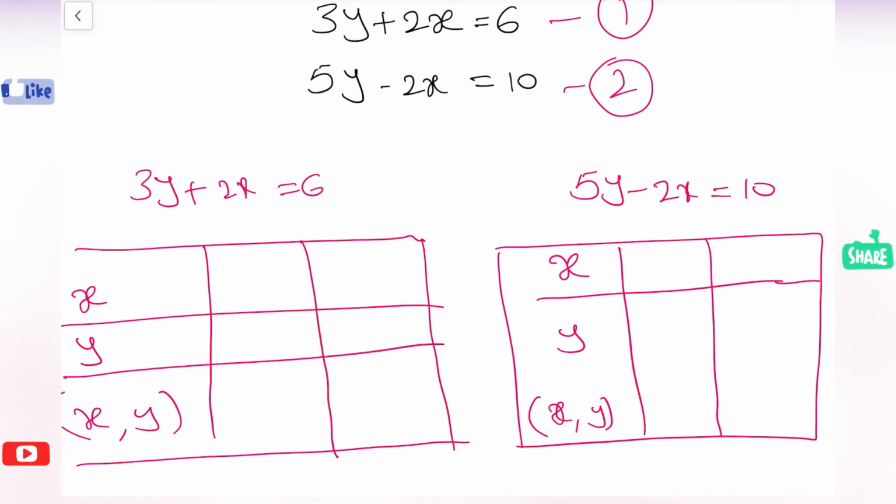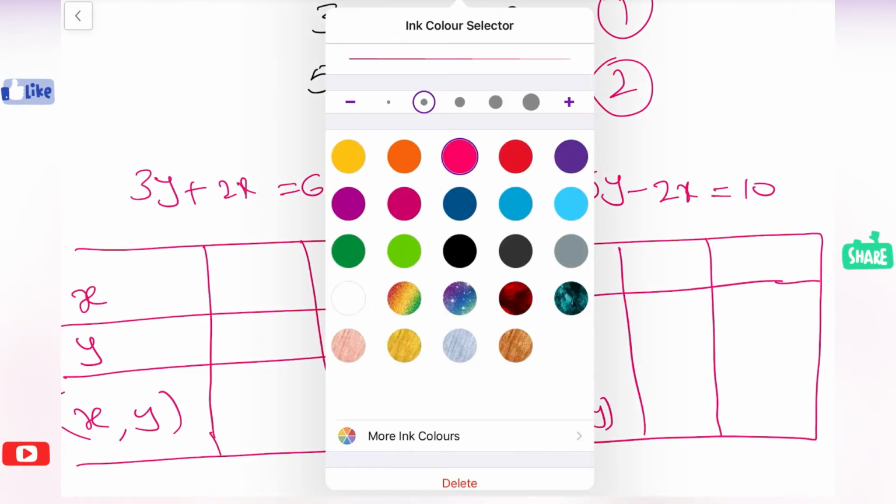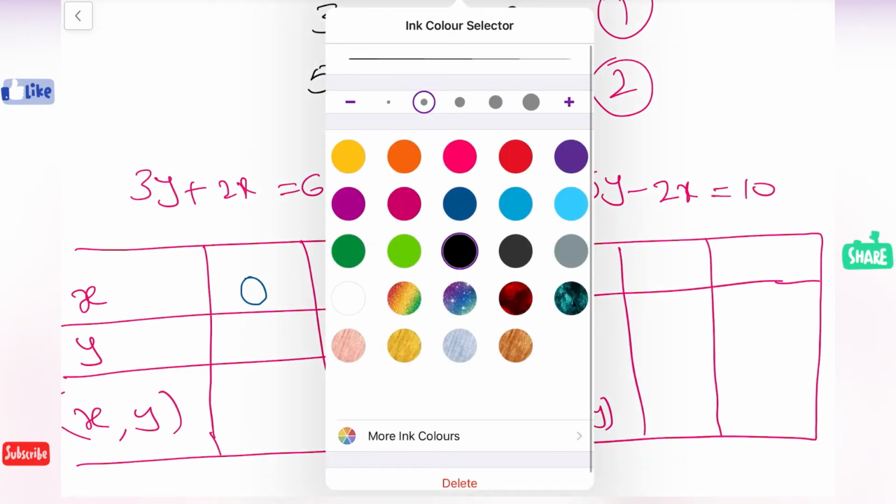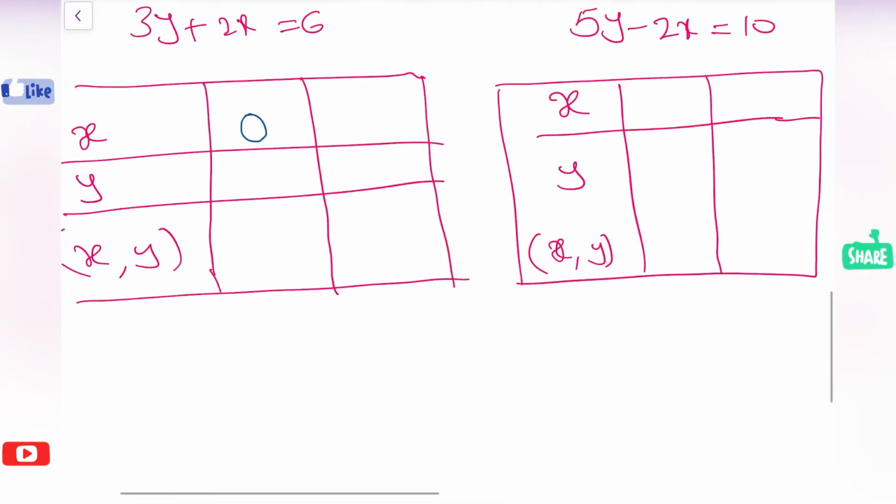And what values are we going to substitute in the place of x and y? Very simple. First you take the x value as 0 and substitute in the first equation. You will get the y value. Let us check now. First equation I am going to take, that is 3y plus 2x is equal to 6.